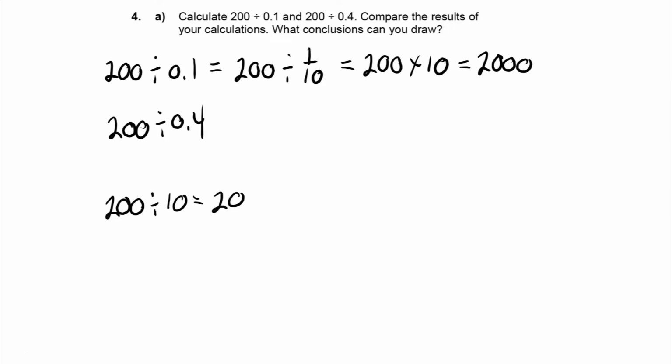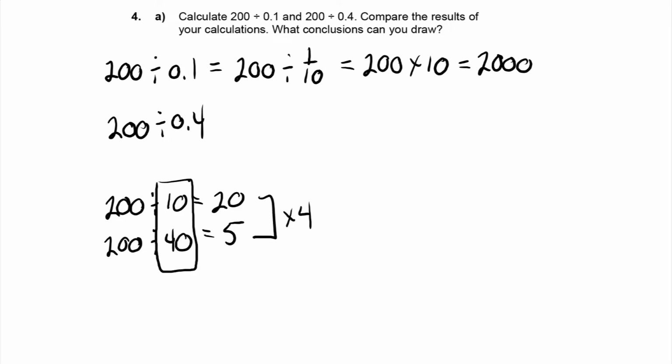Each person gets 20 cookies. If you take that same 200 cookies and divide it by 40 people, so dividing it by 4 times as many, how many cookies are you going to get? Well, in this case, it's going to go down to 5. And the difference between the 5 and the 20, of course, is a factor of 4. So that's the same multiplication factor that we had over here.